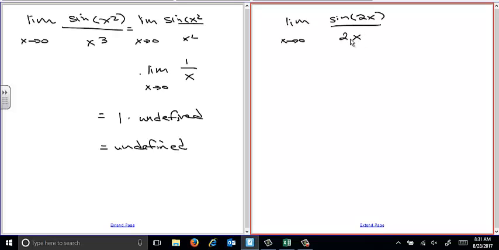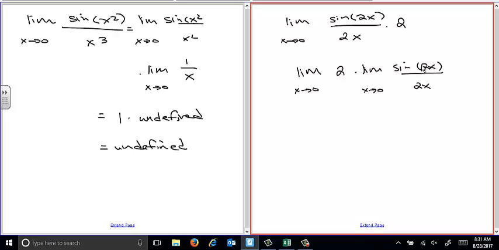But I can't just add a 2 to there. So what do I need to do as well? If I divide by 2, I need to multiply by 2. So you could then break this up into the limit as x goes to 0 of 2, times the limit as x goes to 0 of the sine of 2x divided by 2x.